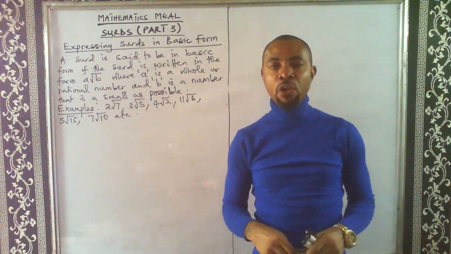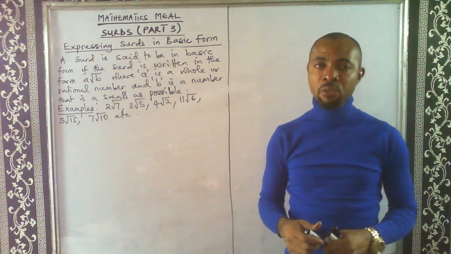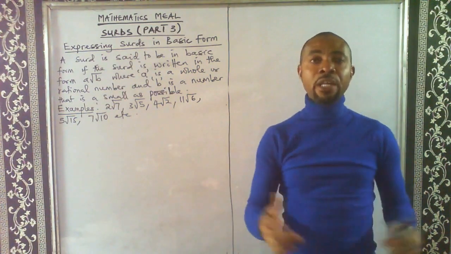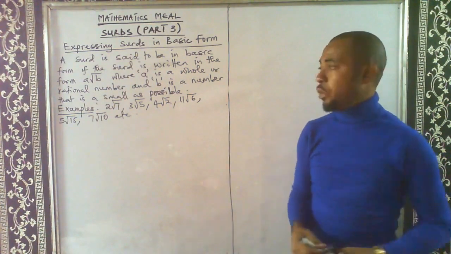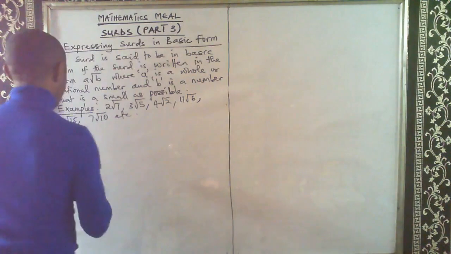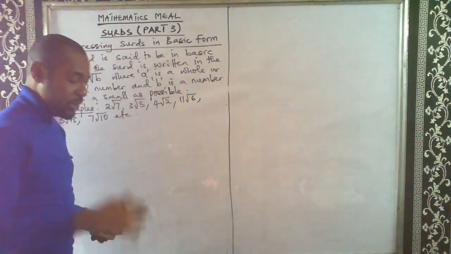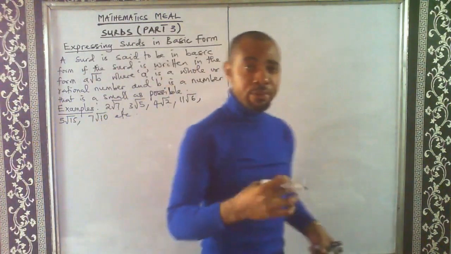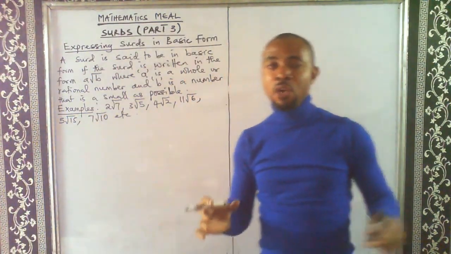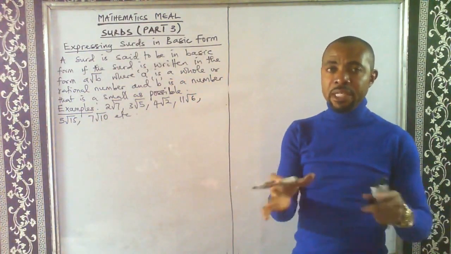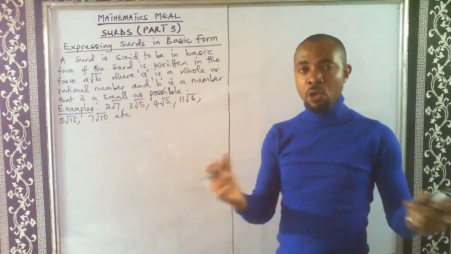The knowledge of basic form of surds will be applied in other operations involving surds. So let me put that down so that when we begin to carry out these operations, we will not be surprised.